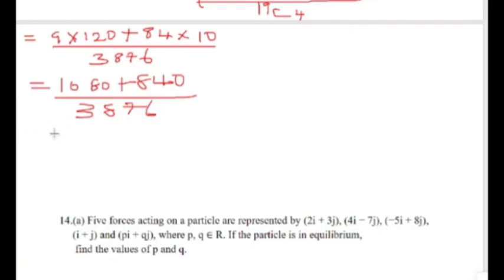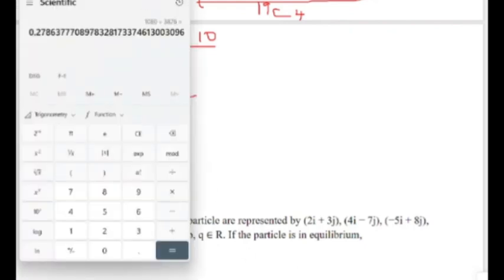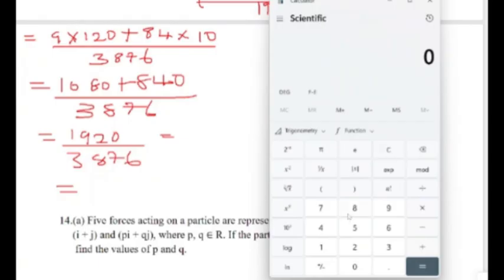So we get 1920 divided by 3876. We could reduce this as much as we can, and if we attempt to do that, we can simply say 1920 divided by 2 gives us 960.